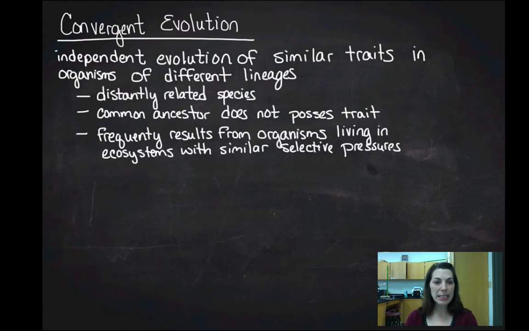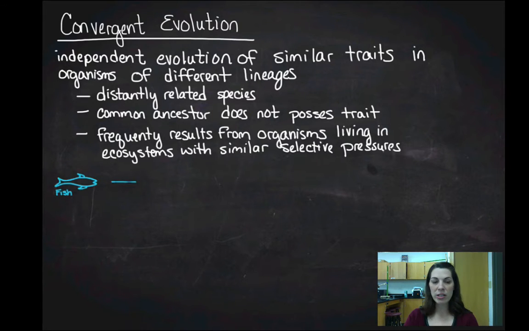So we're going to look at an example of convergent evolution where you've got drastically different lineages that are all arriving at the same basic adaptation through different lineages, but it's the same selective pressure. The selective pressure is if I'm hydrodynamic, if I'm streamlined, then I'm going to be able to move faster through water.